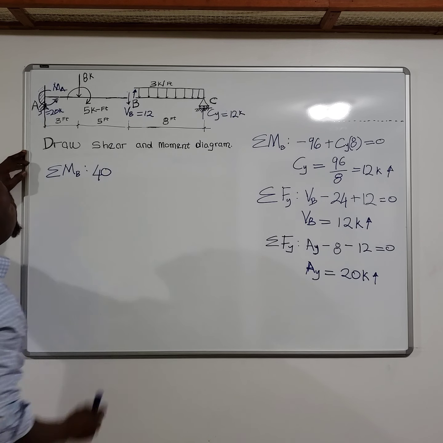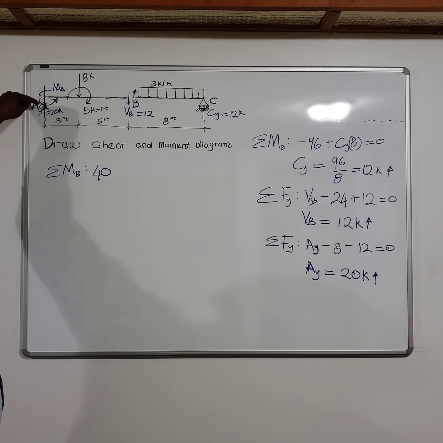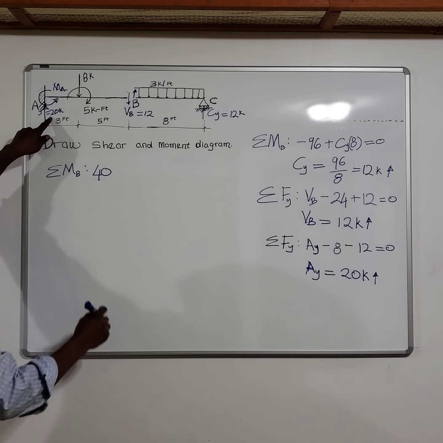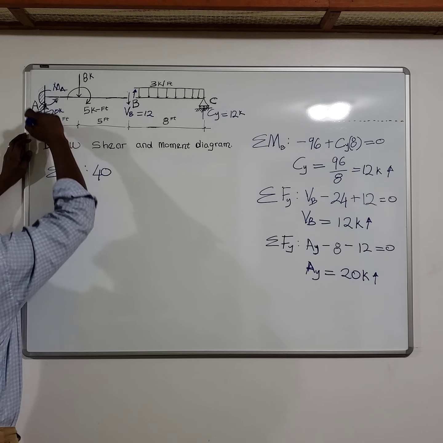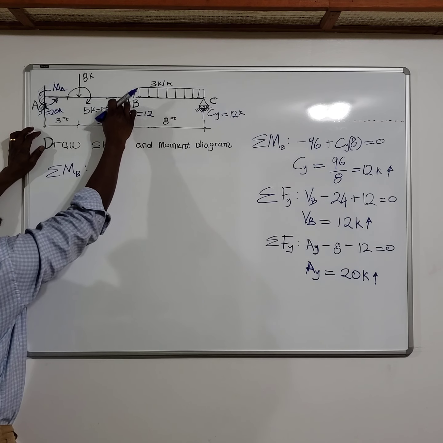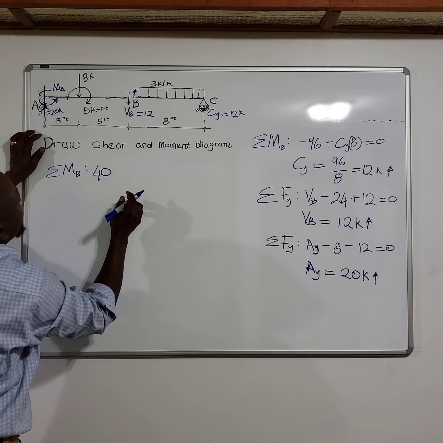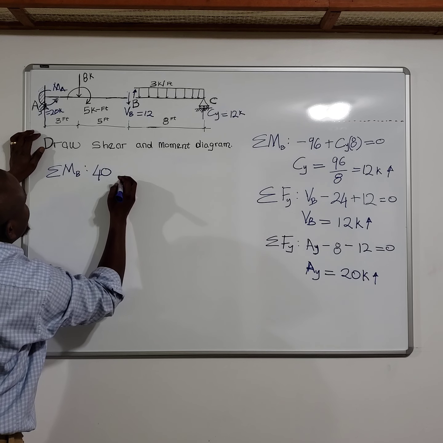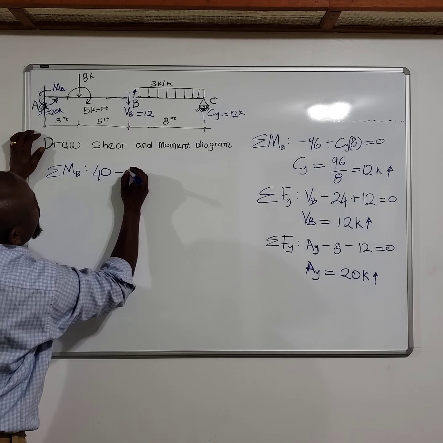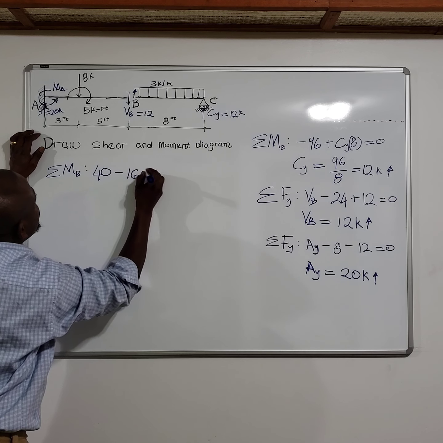That's 40. Now we know the value of the force AY is 20. So 20 making a clockwise rotation about this point. That will give you 20 multiplied by 8, that will give you 160.